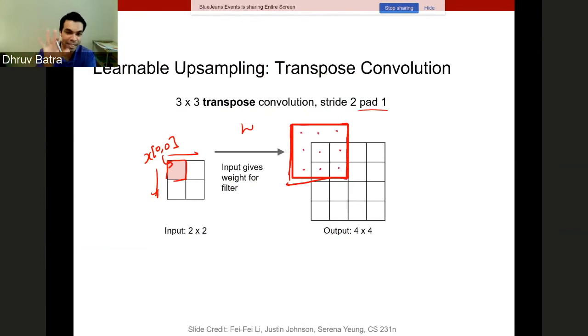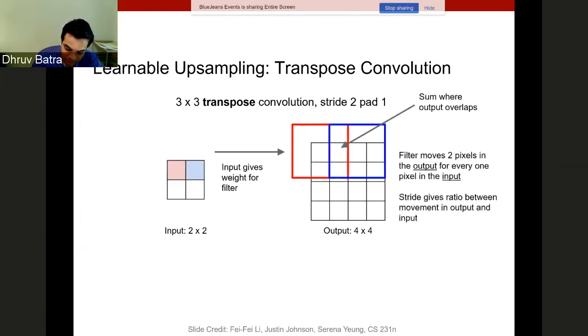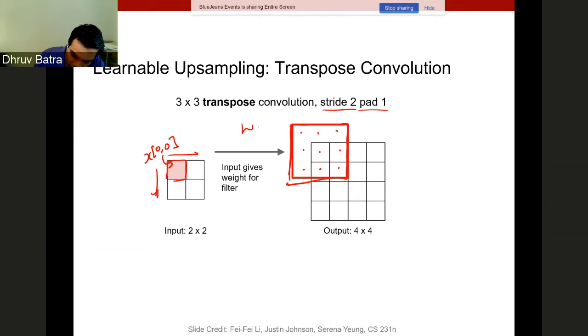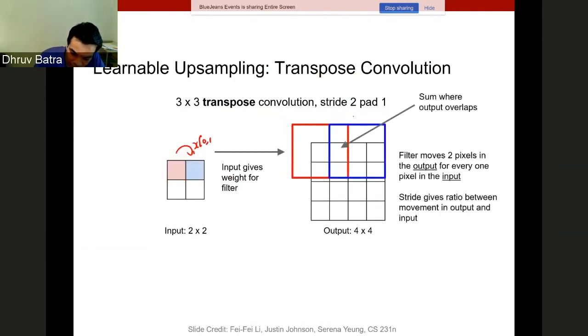Those 9 values get pasted or copied on the output. And stride greater than 1 means that when we go to x 0, 1, we also multiply x 0, 0 here. So this red entry is x 0, 0 times W, and this blue entry is x 0, 1 times W.